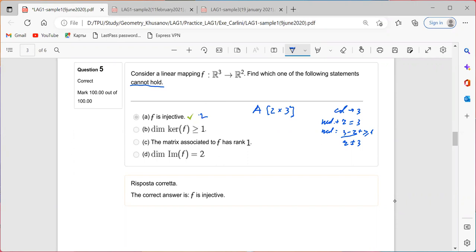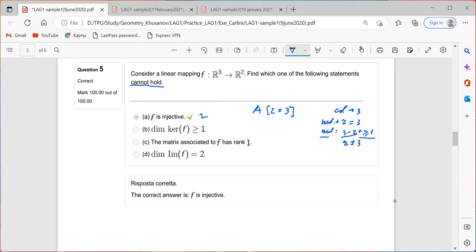Let's check the others in these situations. So the first statement will be wrong, false. Other statements should be true. Dimension of kernel F greater than or equal to 1. Yes, because nullity is the dimension of the kernel, and this is correct.